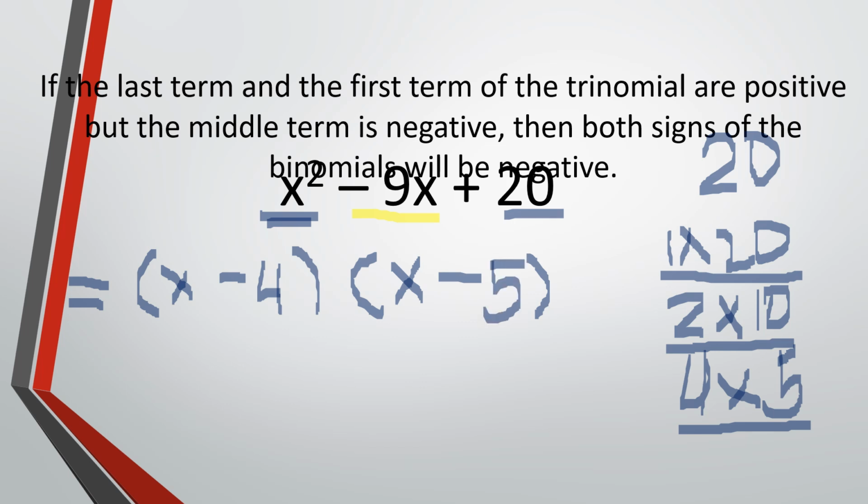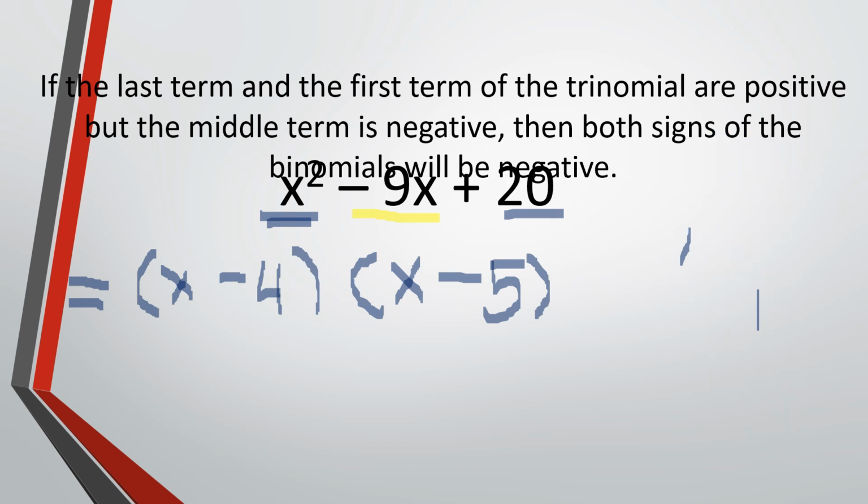Now, for us to check if this is correct, let's do the checking. If you have x multiplied to x, the answer is x squared. If you have x multiplied to negative 5, the answer is negative 5x. Now, if you have negative 4 multiplied to positive x, the answer is negative 4x.